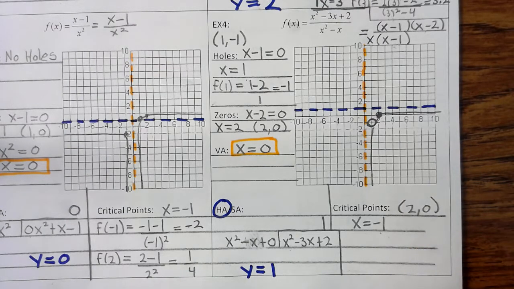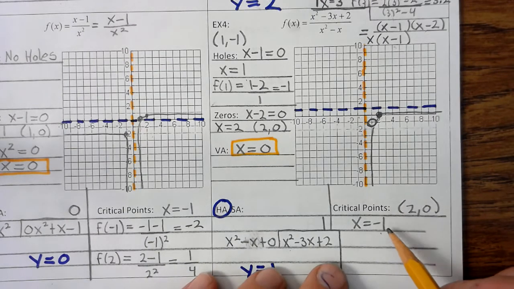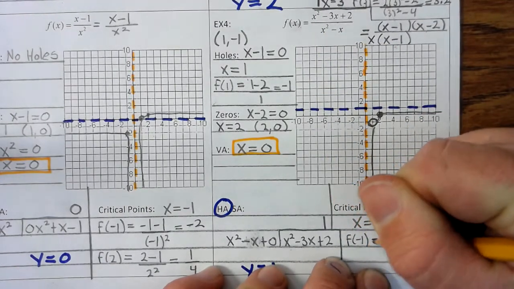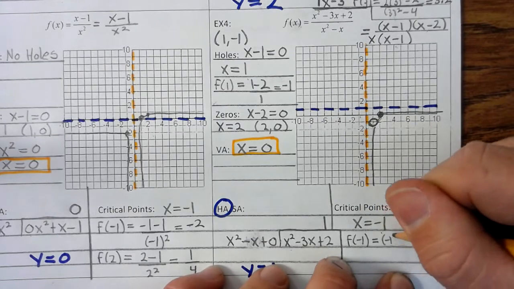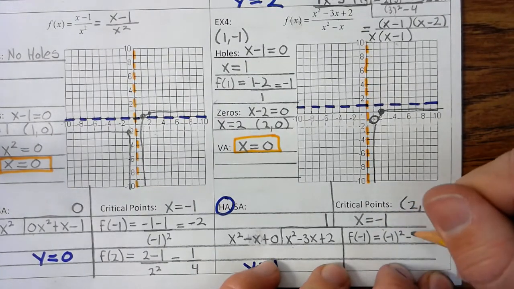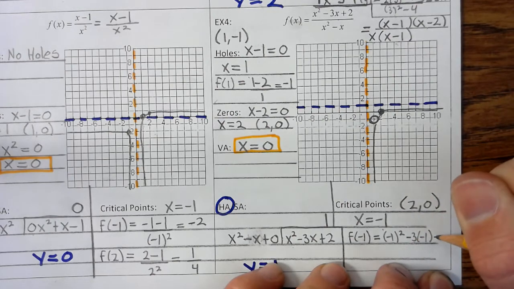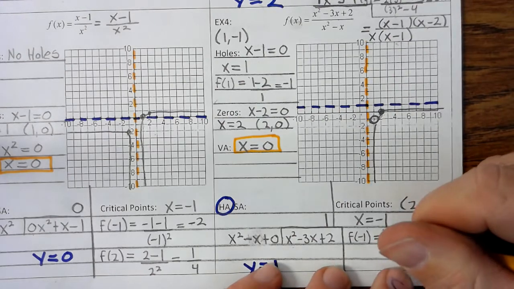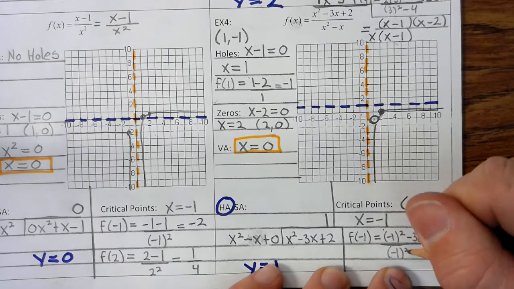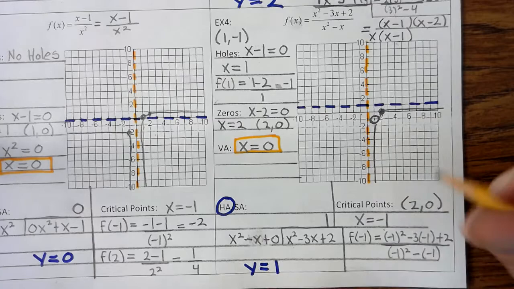Actually, no. We can actually substitute into the whole thing. So f of negative 1 equals negative 1 squared minus 3 times negative 1 plus 2 divided by negative 1 squared minus a negative 1.